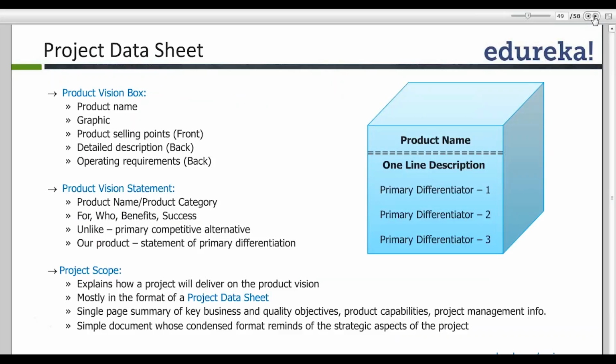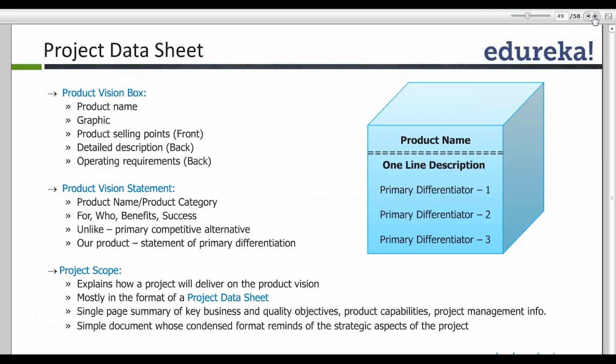And then we have something called a project data sheet. A project data sheet consists of the name of the product, the unique selling points, the detailed description, the project vision statement, and the project scope. If you ask me, APM is closer to traditional project management where we stress a lot on the documentation part of the project.